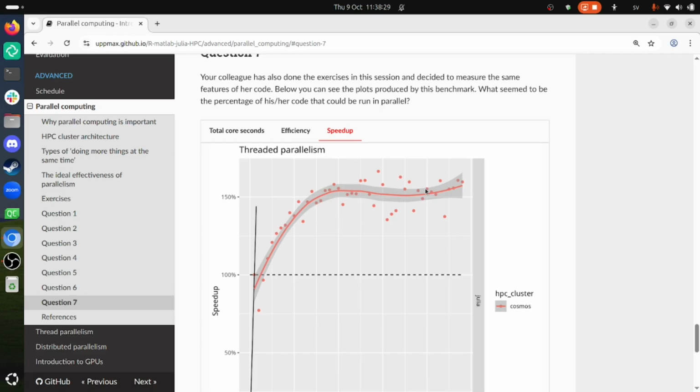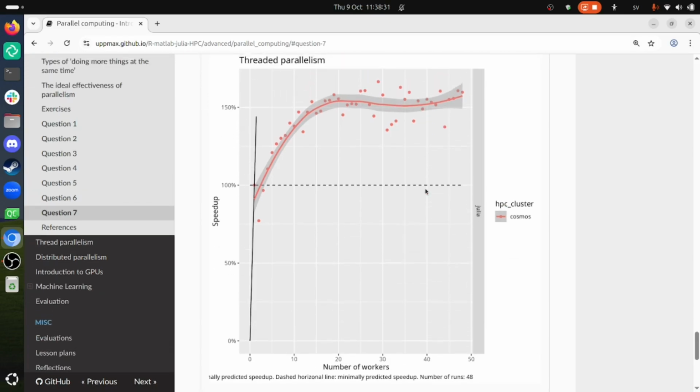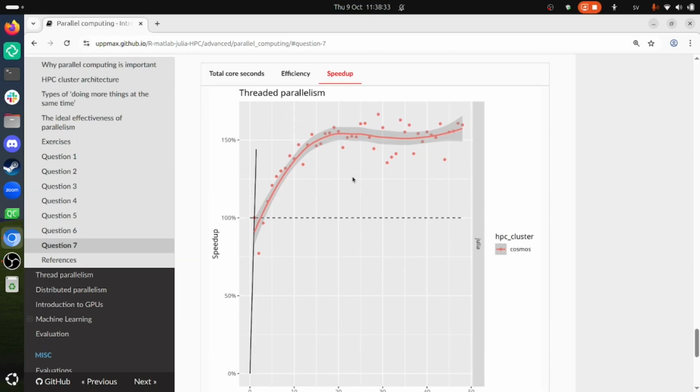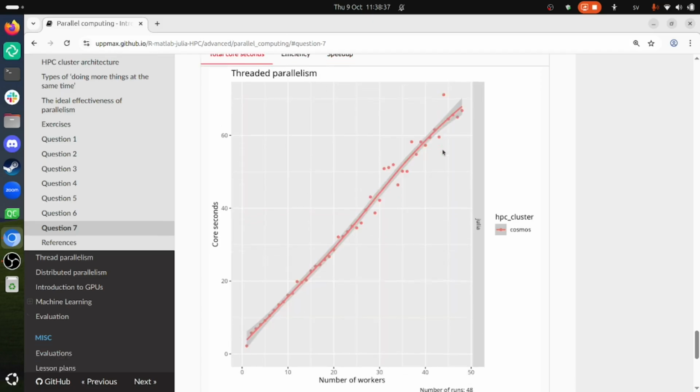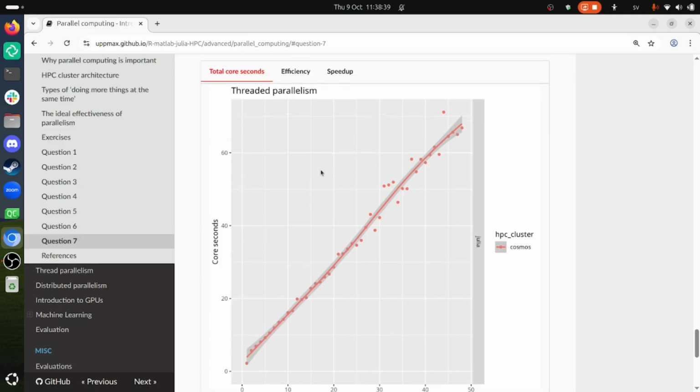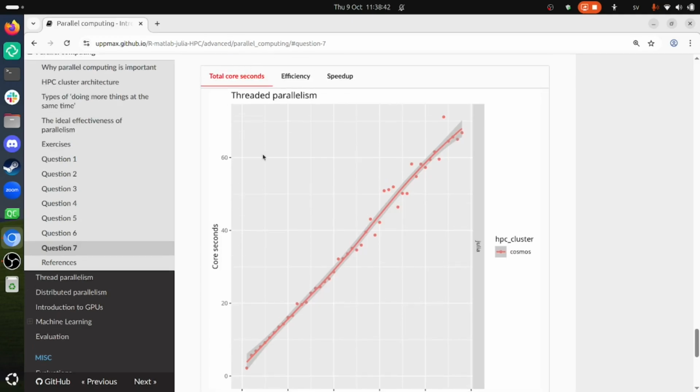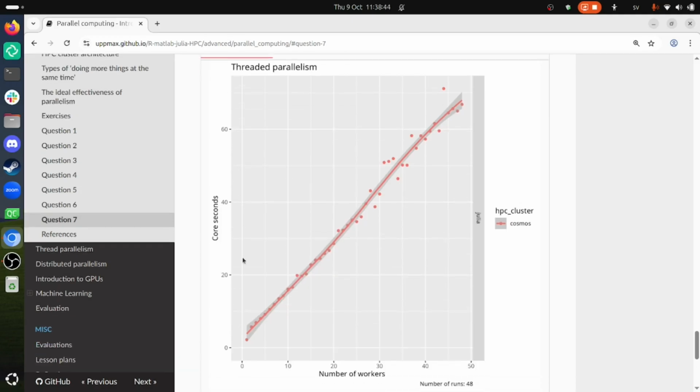On the other hand, and that is a bit beyond what we've already been looking at, that's why these other graphs are there. Here we see the total core seconds, and I've not discussed this yet. But we see that the more workers we have, the more cores we have, the more time it takes for all those cores combined. And this is close to a straight line.